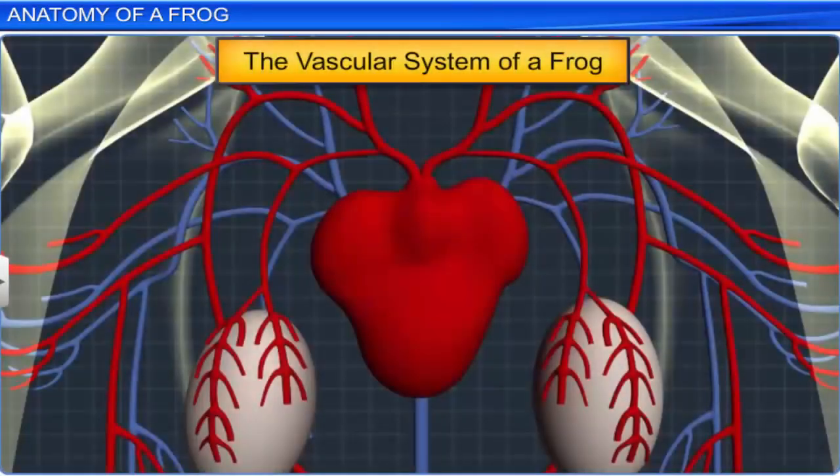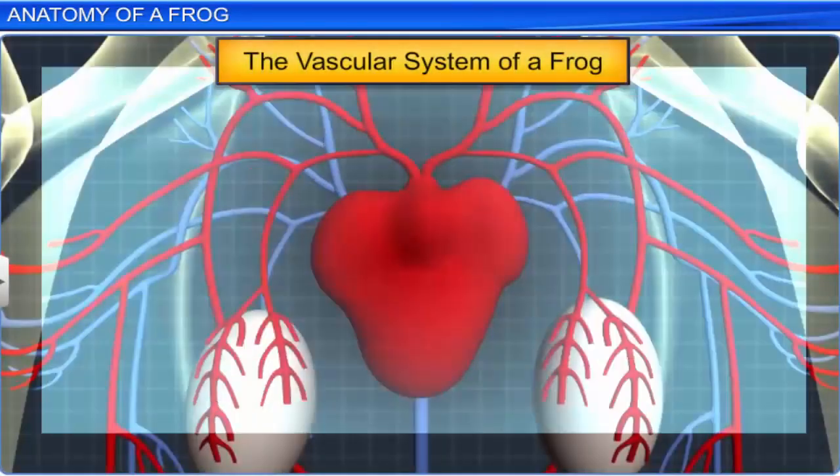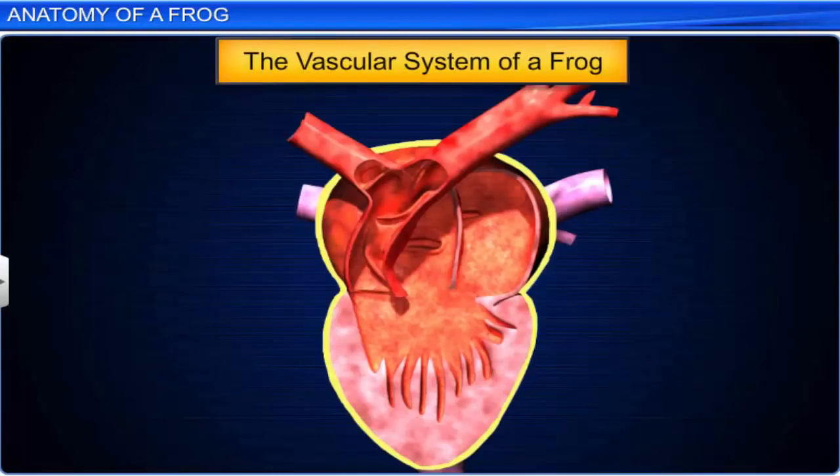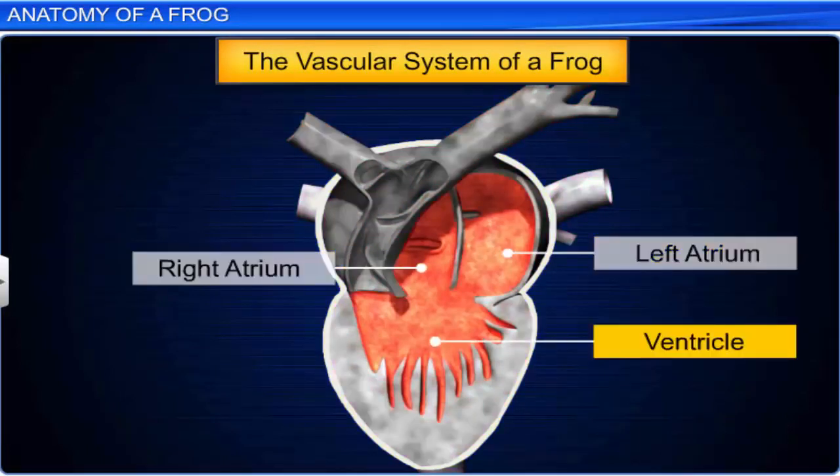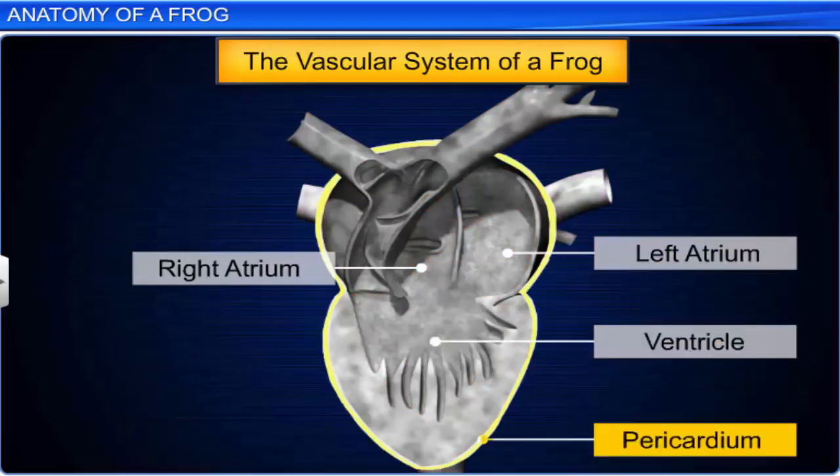The heart is situated in the upper part of the body cavity and consists of 3 chambers, 2 atria and 1 ventricle, and is covered by the pericardium.